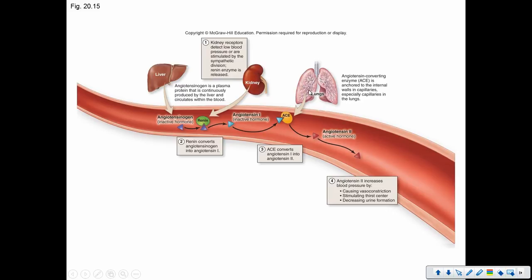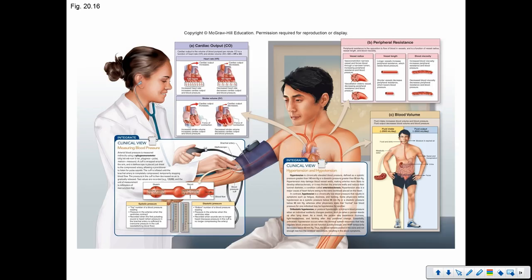As angiotensin 1 passes through the capillaries and comes into contact with ACE, we get the conversion of angiotensin 1 into angiotensin 2. And then angiotensin 2 is going to increase blood pressure. Angiotensin 2 is also going to call for the release of what other hormone? Starts with an A. Aldosterone. You got it. Nice. Good job.